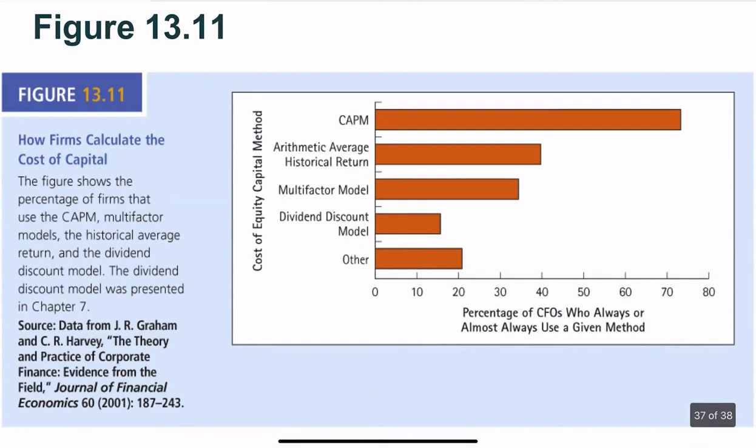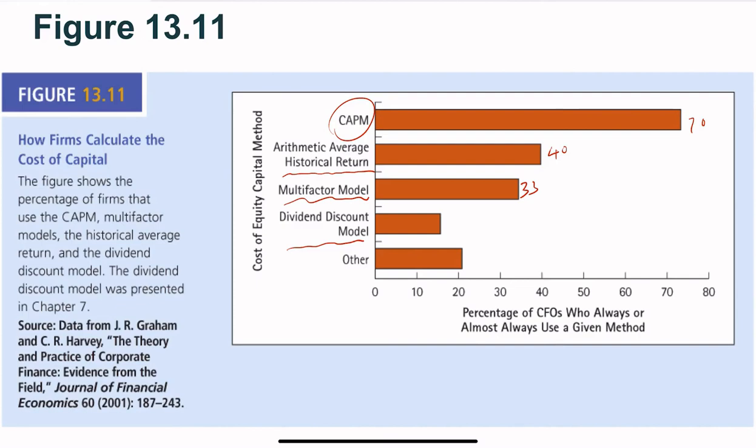So this is basically a summary of different methods, right? You could use CAPM, multiple factor model, dividend discount model, and you could also use the average historical returns. And if you add up these numbers, this is 70%, this is 40%, and 33%. You can see that the total of these percentages is larger than 100%. What does this tell you? Well, it basically says that some firms will use multiple methods to calculate cost of capital.